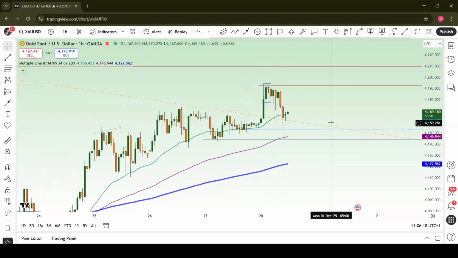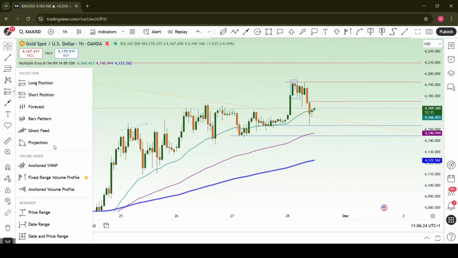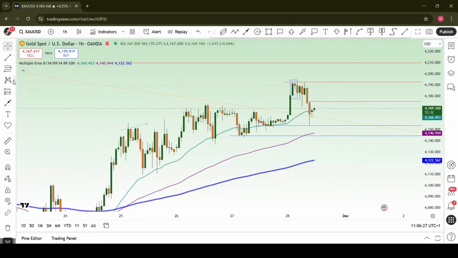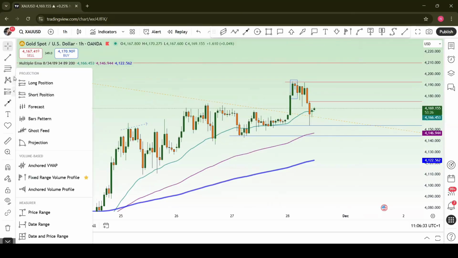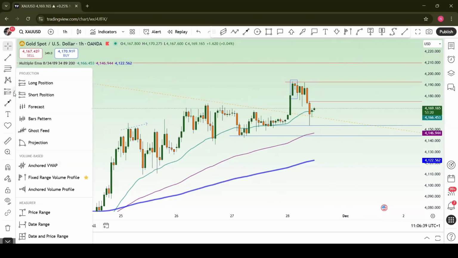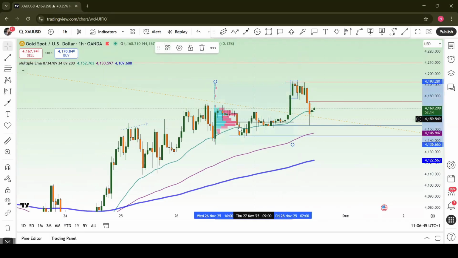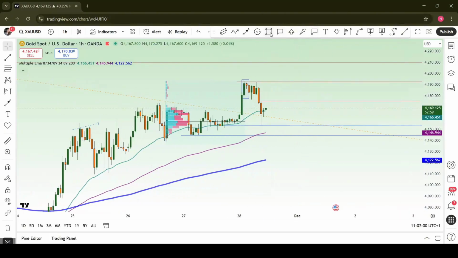If you use the volume profile to measure the trading volume at that specific price range, here we have the longest bar. So that indicates there are a lot of traders, a lot of orders at this zone. Okay, and this is the reliable support zone on the 1 hour time frame.